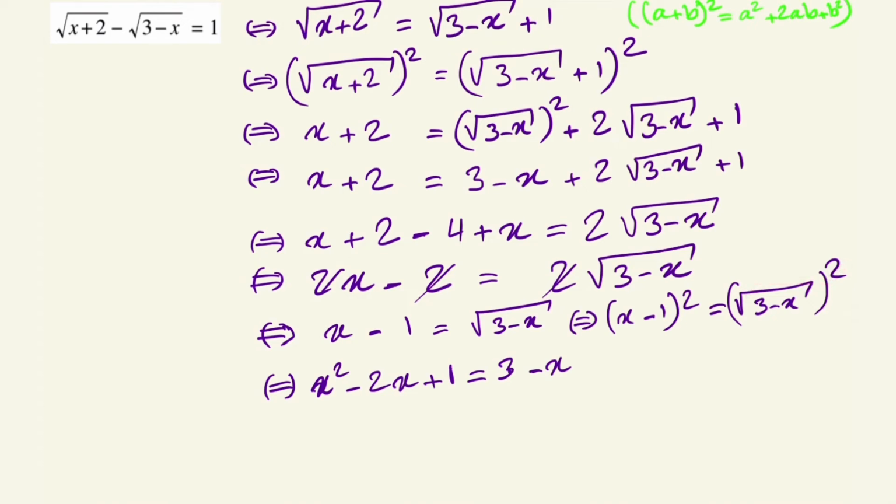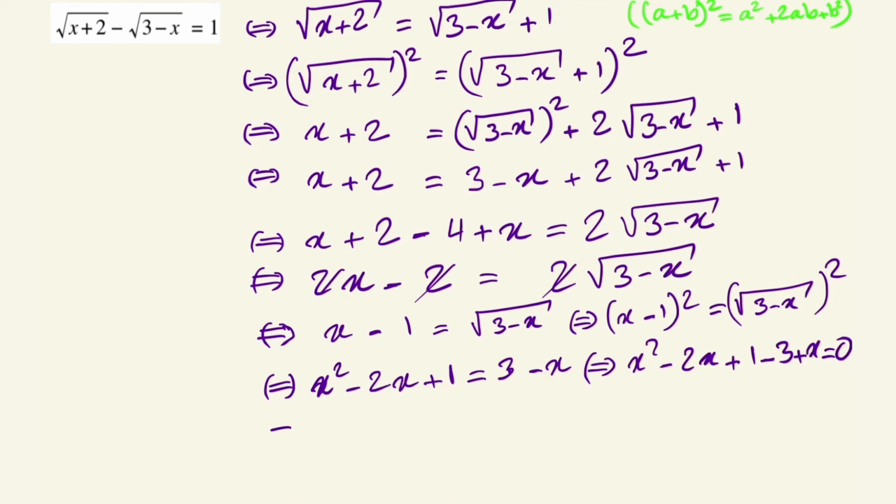Now we're going to move everything to one side and leave 0 here. What we're going to have is x squared minus 2x plus 1 minus 3 plus x equal to 0. We move this here and we change the signs.